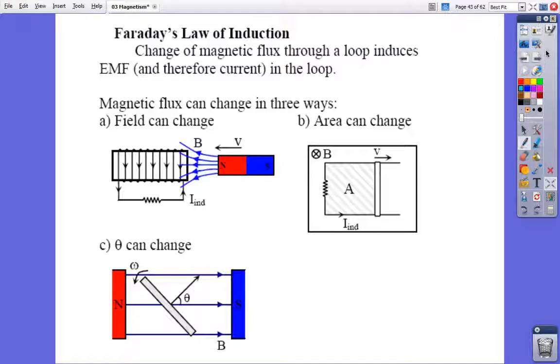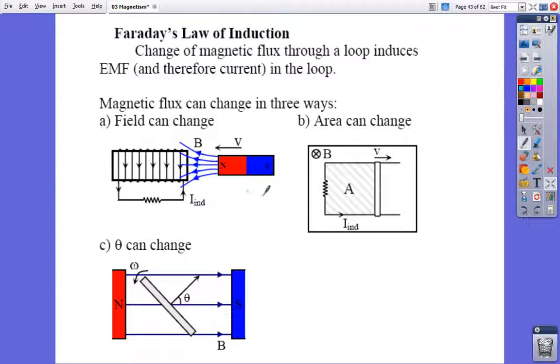So here is more on Faraday's law of induction. Change of magnetic flux through a loop induces EMF and therefore the current in the loop. So magnetic flux can change in three ways. First, field can change. So if there is magnetic flux increasing, going into this loop, it will create induced current.